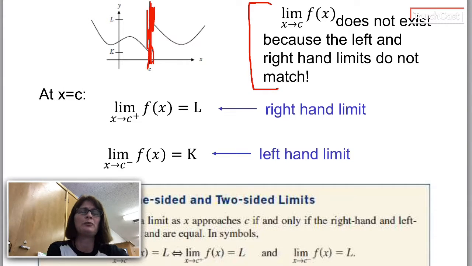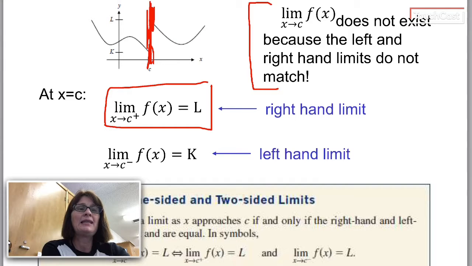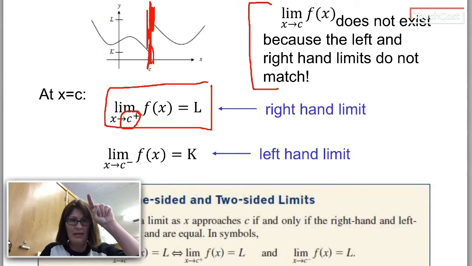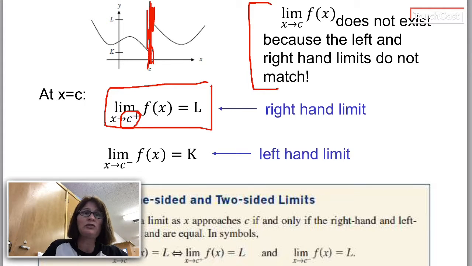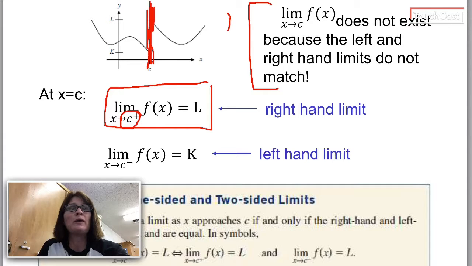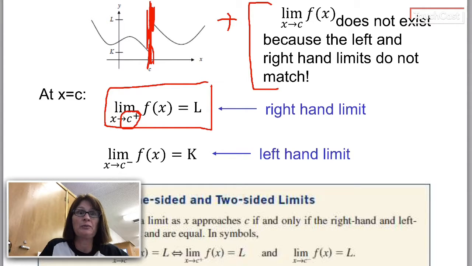You saw a little preview in class today. I would say this about the graph: the limit as x approaches c from the right of f of x is L. So that's how I read this notation. That's the limit as x approaches c from the right. The plus sign above the value I want my x to approach, I read that as from the right, from the place where numbers are closer to being positive or are more positive.